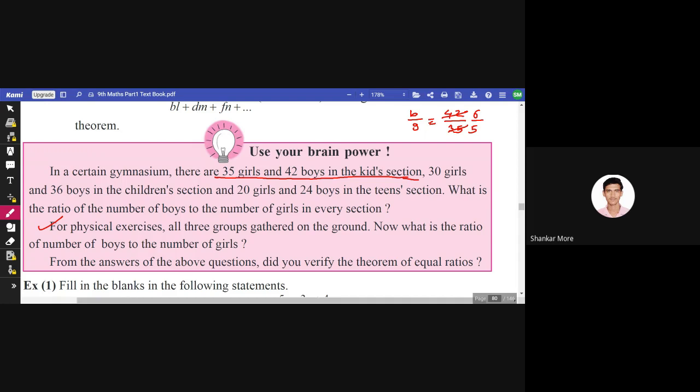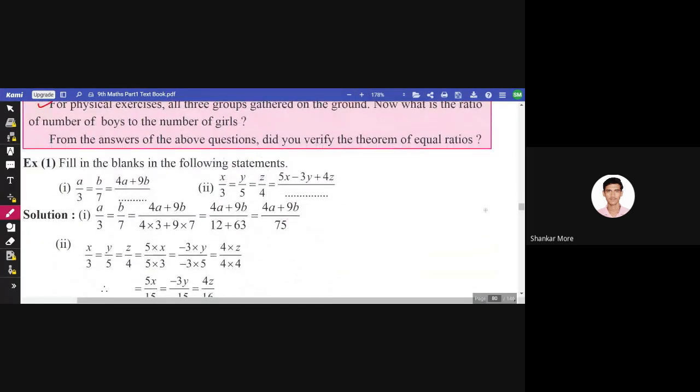That is what our theorem of equal ratios says. Now from the answers of the above questions, did you verify the theorem of equal ratios? Yes, we did verify it, right? Yeah, good. So now let's go to the next question.